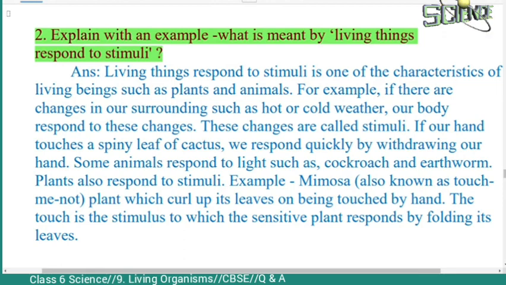Some animals respond to light such as cockroach and earthworm. So, living things respond to stimuli.